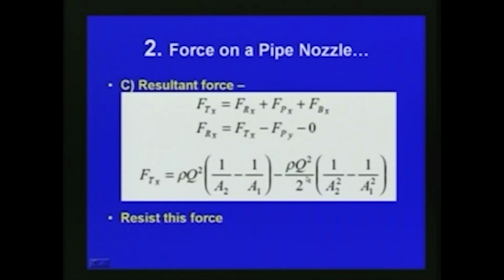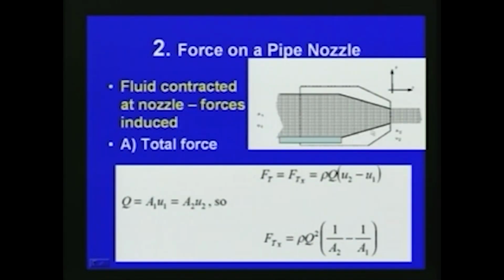That force should resist the liquid when it is passing through the nozzle. So, this is the second case we discussed, the force on a pipe nozzle as shown in this figure.